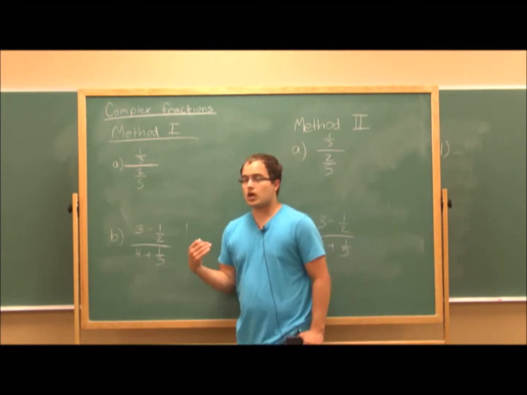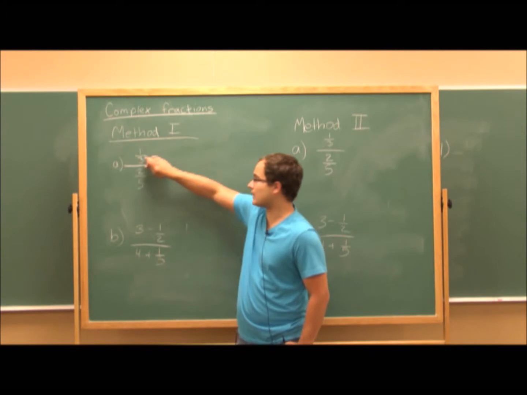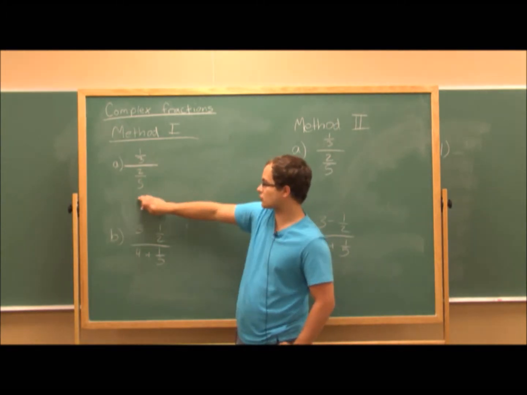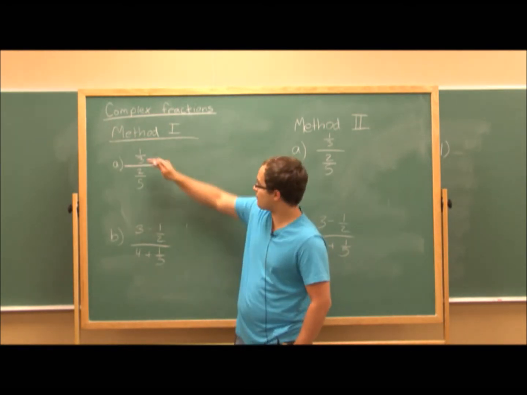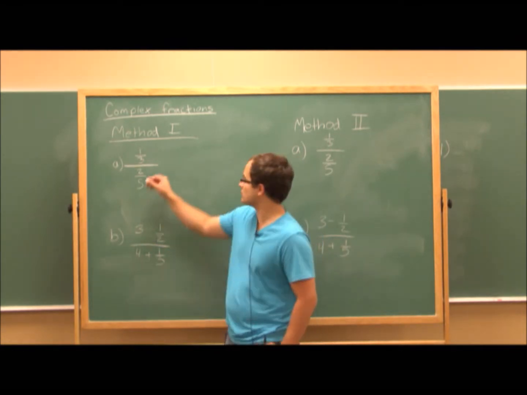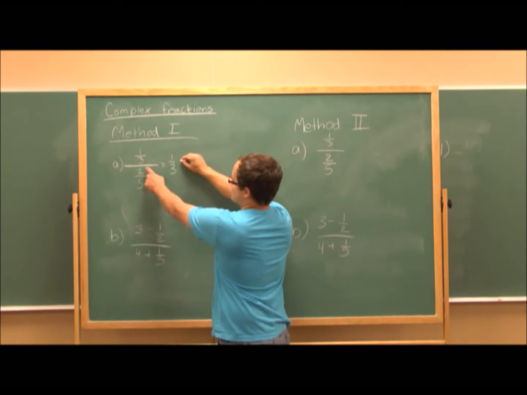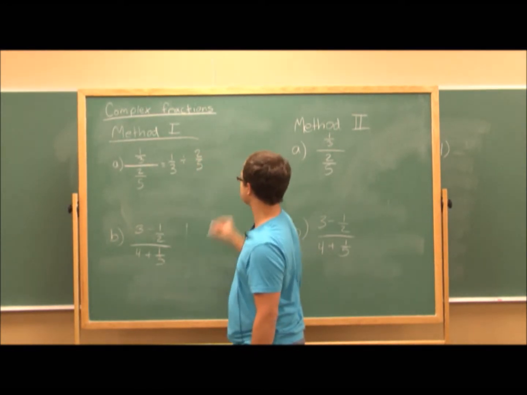So now for method 1, simplify the numerator into one fraction. Already done. Simplify the denominator into one fraction. Already done. Then we're using the principle that this says this fraction divided by that fraction. So let me write that out. This is just divided by that fraction.